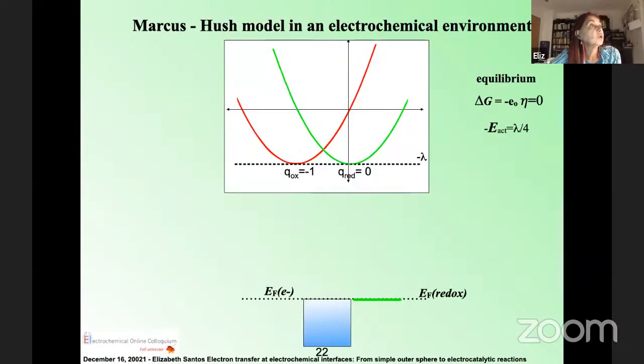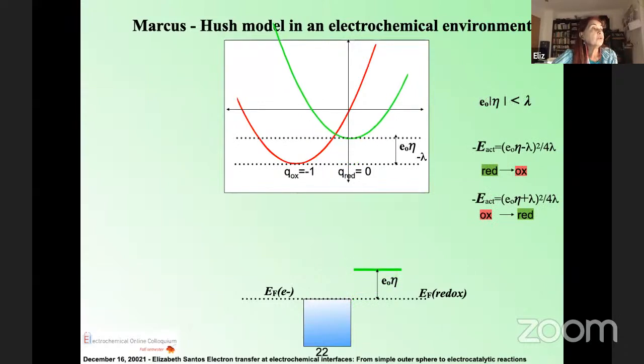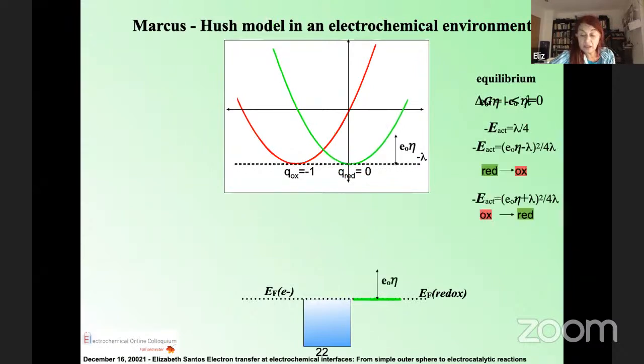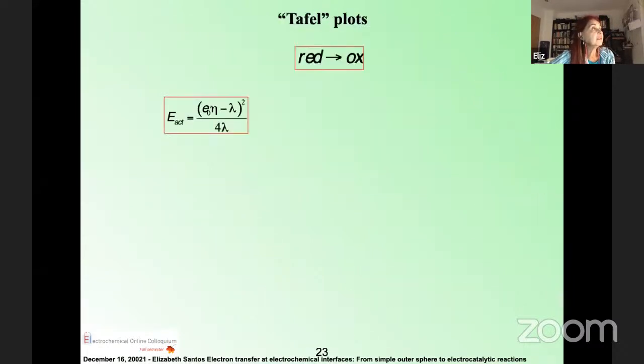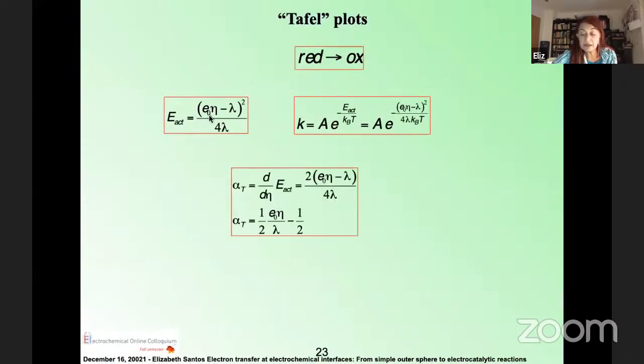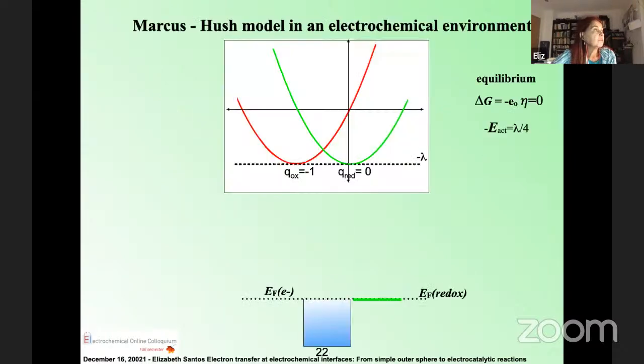And in the equilibrium case, that means when the overpotential is 0, we have again the same activation energy as in the homogeneous phases. When we increase the overpotential, then we are moving from the Fermi level, and we see that this activation energy also depends on the overpotential.